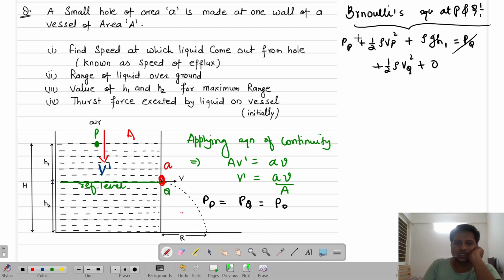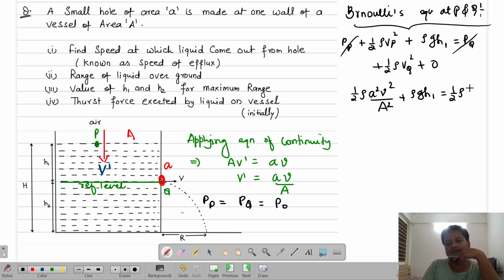which is equal to atmospheric pressure, isn't it? So this one also got cancelled, and we know half rho velocity of P is given to us. Velocity of P is v dash, and I know that v dash relation is a square v square divided by capital A whole square, isn't it? Plus rho g h1 is equal to half rho velocity at Q, v square, isn't it?